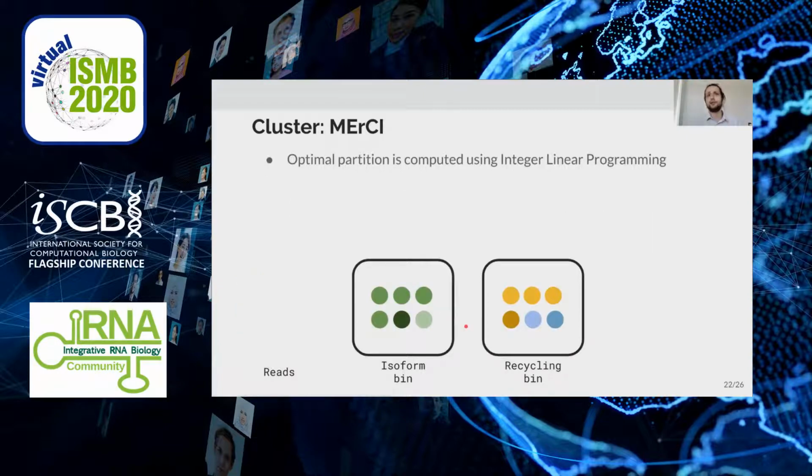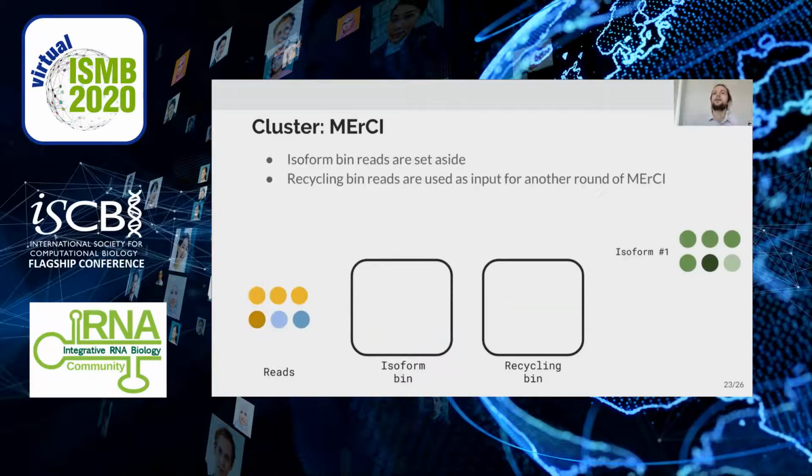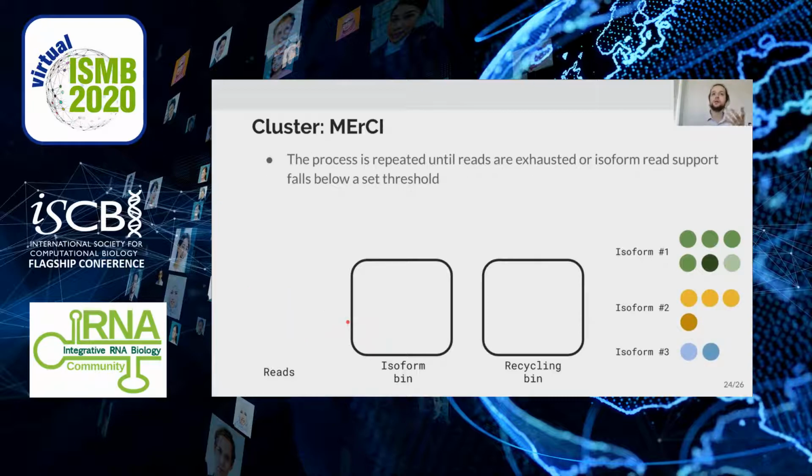In the first iteration, we optimize this using integer linear programming. Then we set aside the isoform bin reads, and we recycle the reads in the recycling bin into the next iteration. We keep doing this until reads are exhausted or the isoform read support falls below a set threshold.